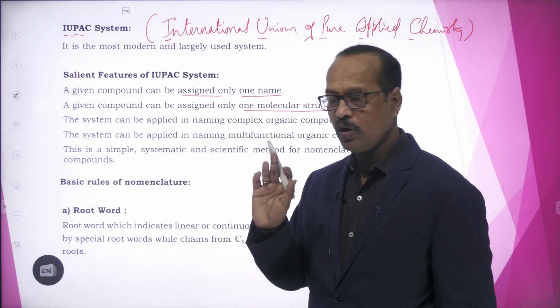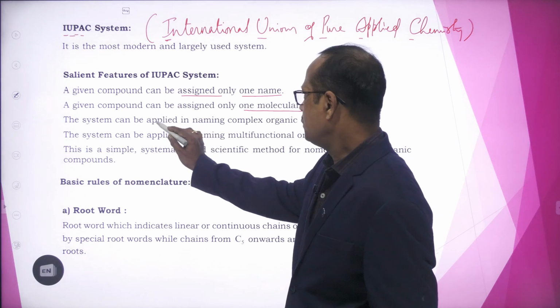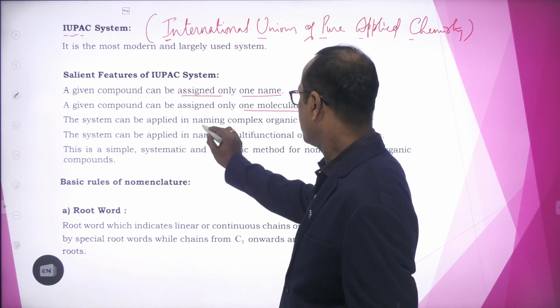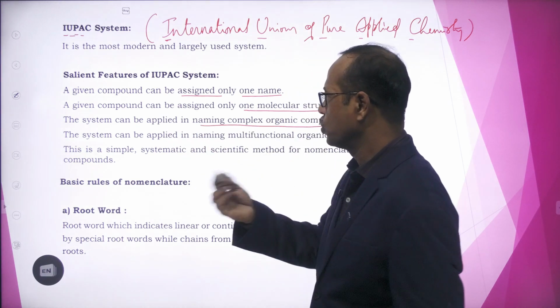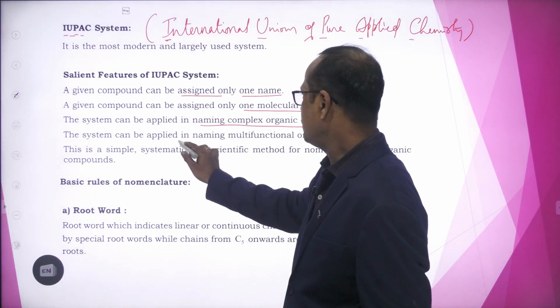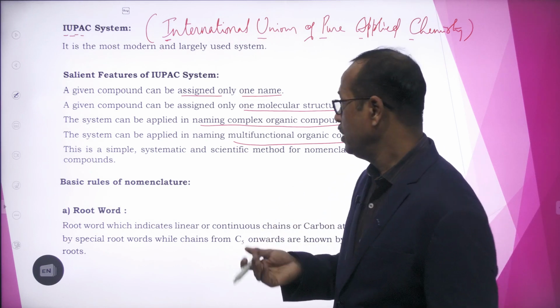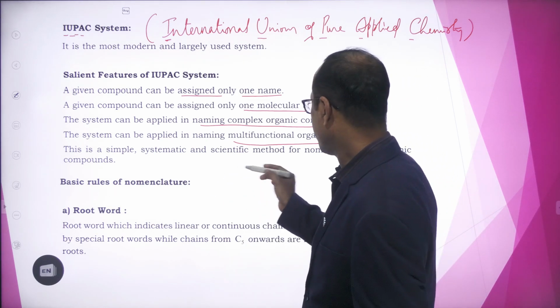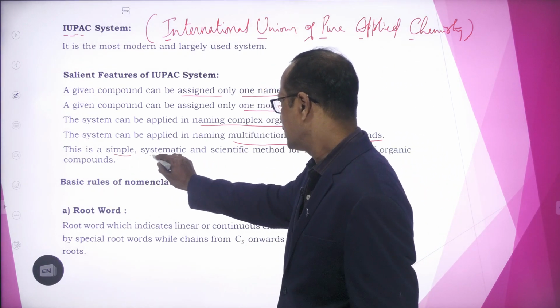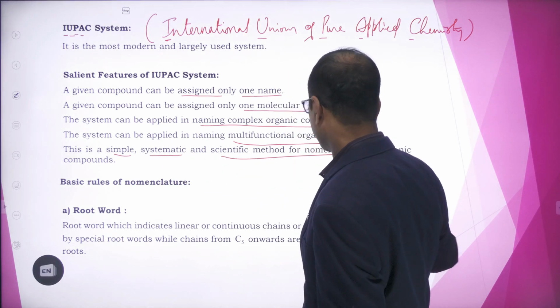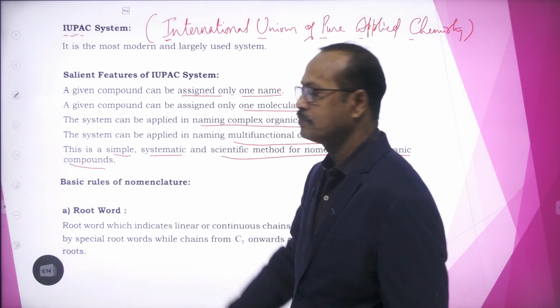The system can be applied in naming complex organic compounds. The system is applied in naming multifunctional organic compounds also. This is a simple, systematic and scientific method of nomenclature of organic compounds.